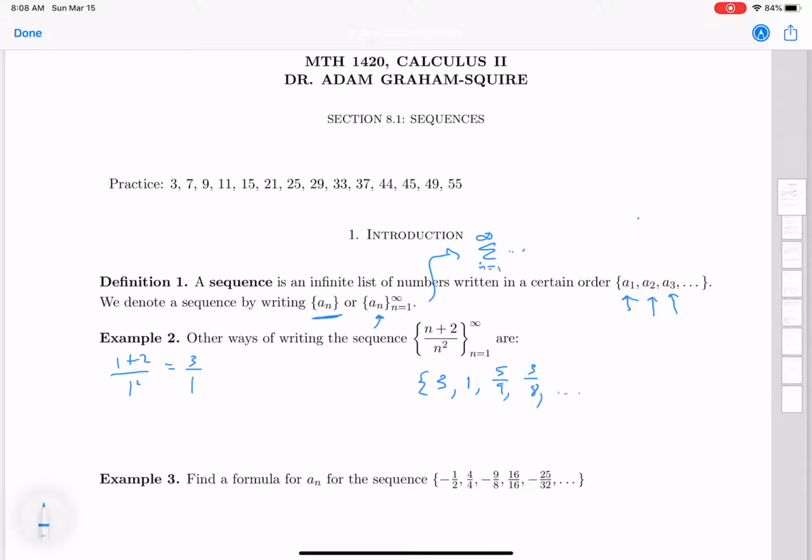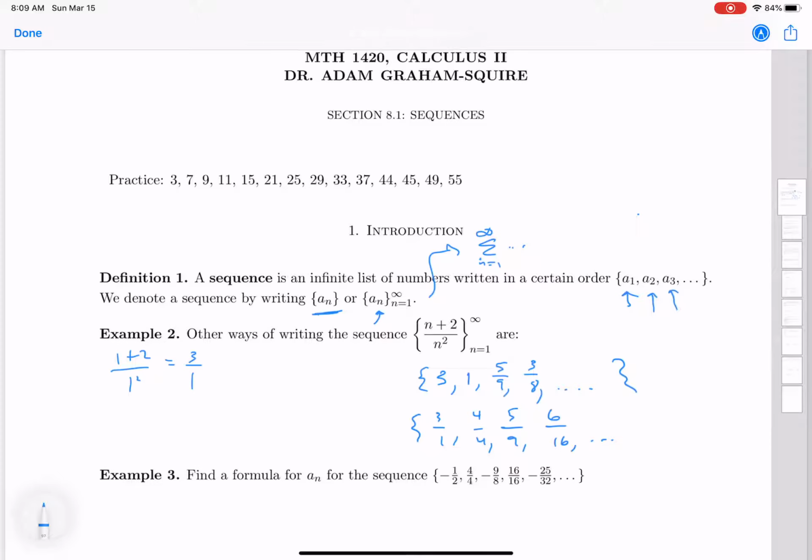And I was simplifying each of the fractions along the way, but sometimes it's actually easier if you don't simplify the fractions, because you can sometimes see the pattern a little bit easier. Right? So if I write it out this way, it's pretty clear that the top numbers are increasing by 1, and the bottom numbers are getting squared.